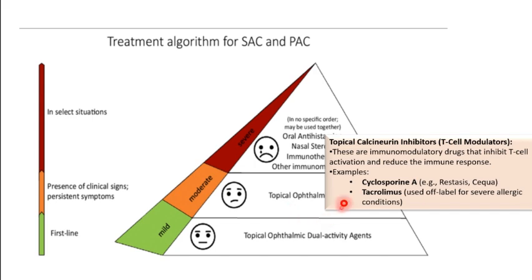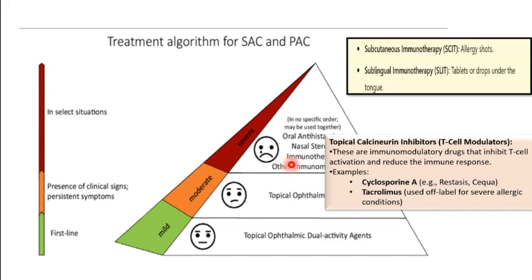Now, in selected cases, you can try immunotherapy. I don't think this is used so often in simple allergic conjunctivitis, but let me tell you what exactly immunotherapy is. Immunotherapy basically involves gradual introduction of the allergen to the patient, typically through the skin, and that is called subcutaneous immunotherapy, also known as SCIT or allergy shots.